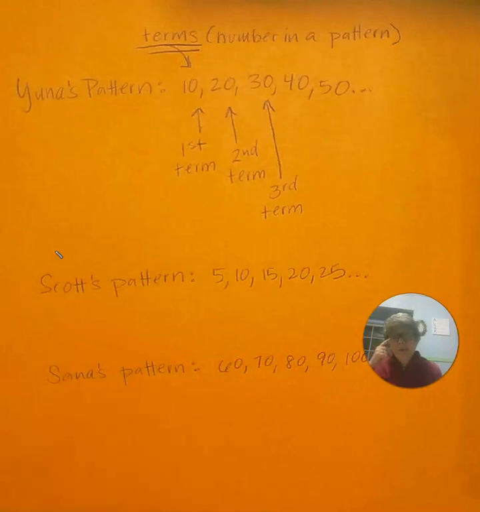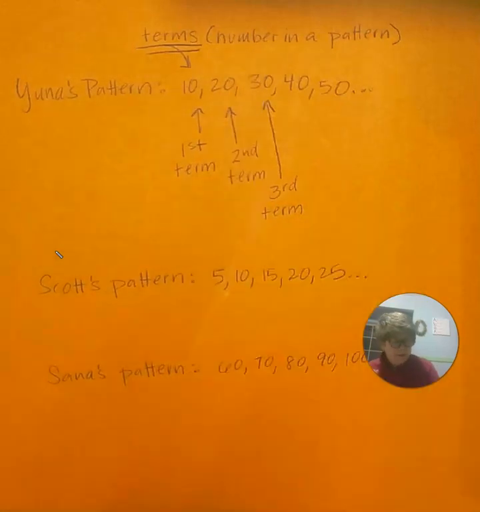Some schools, instead of dividing into semesters or quarters, are divided into terms, lengths of time. It could also mean a word or a phrase, like the word multiple is a term that we study in math class. In this case, we're going to be using terms to mean number in a pattern.